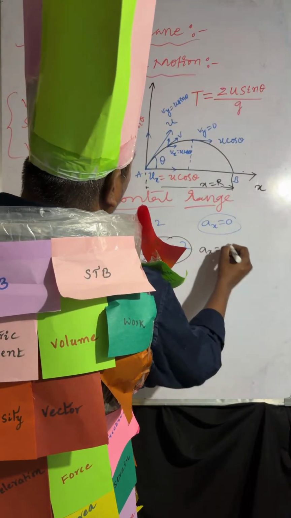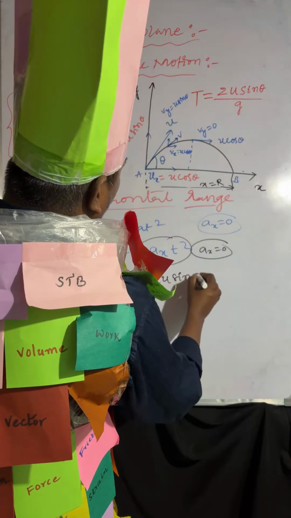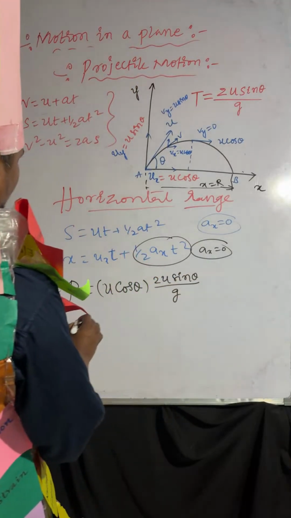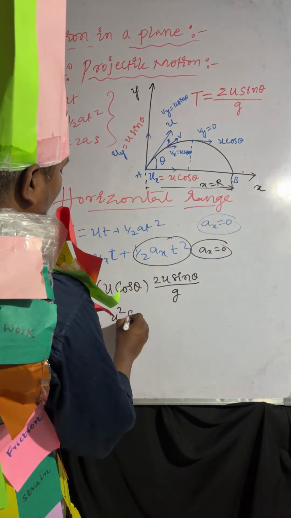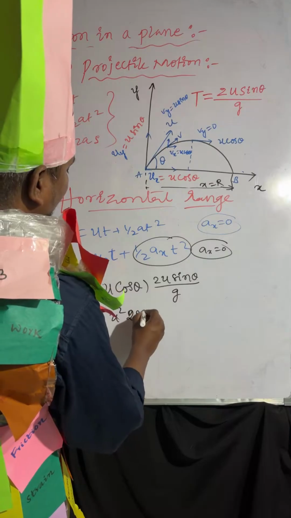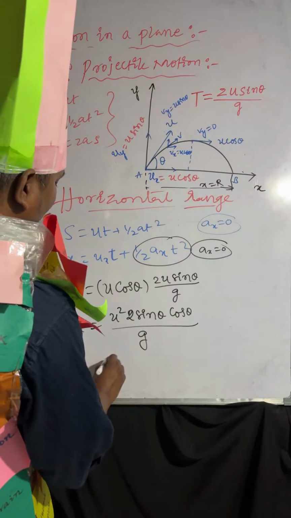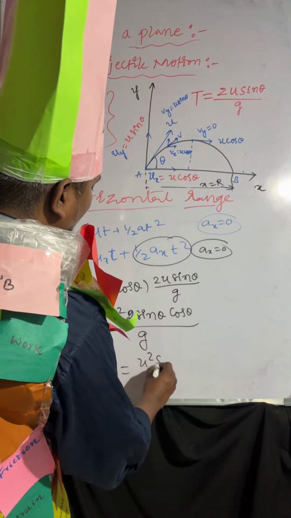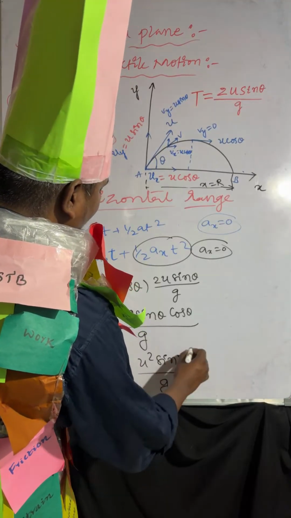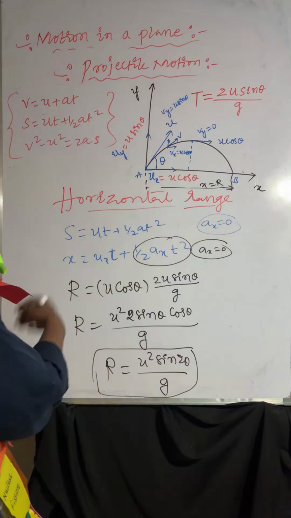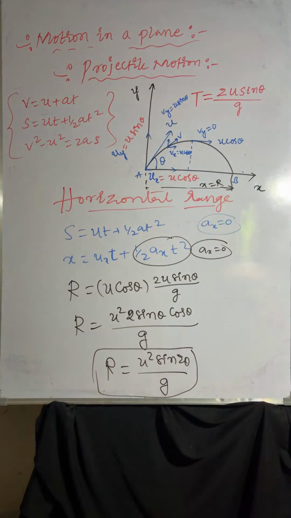So R equal to u square into 2 sin theta cos theta by g. Then you will get R equal to u square sin 2 theta by g. Okay, so this is the formula. I hope it is very clear. Understood or not?